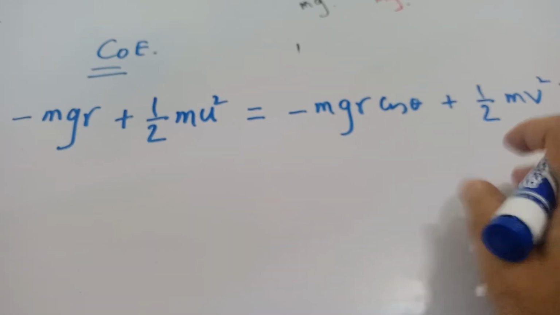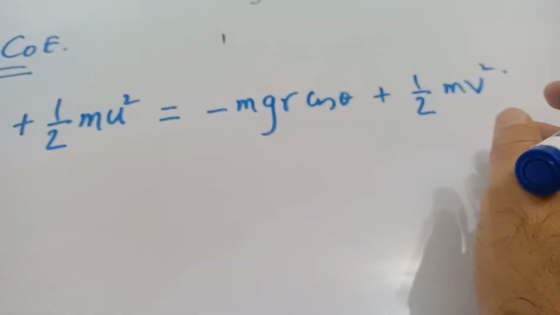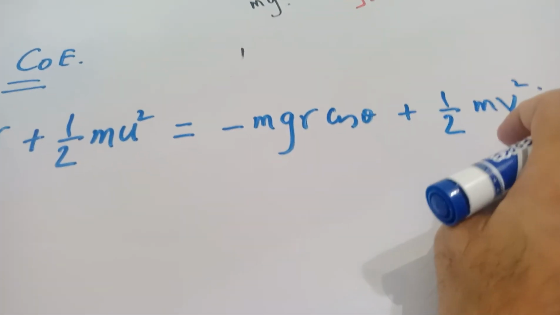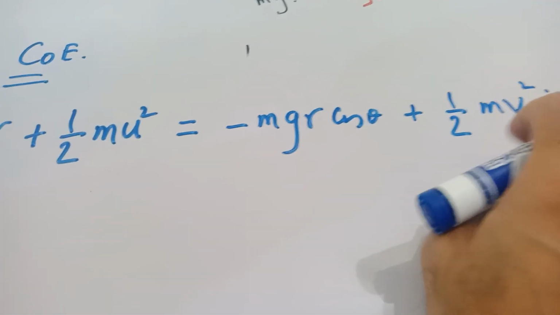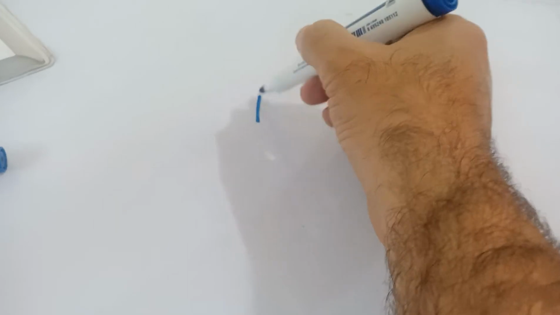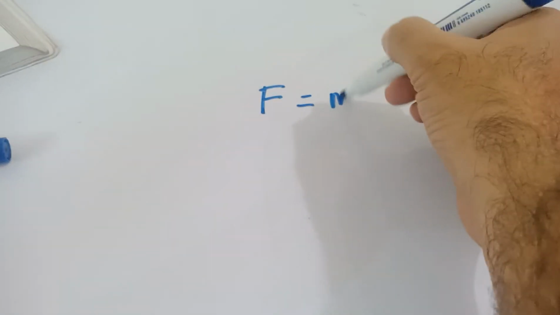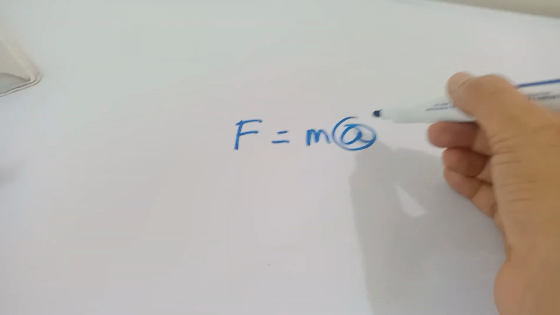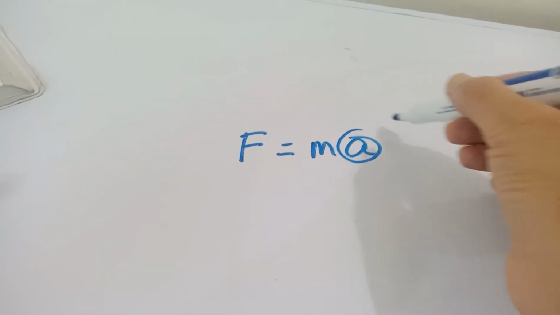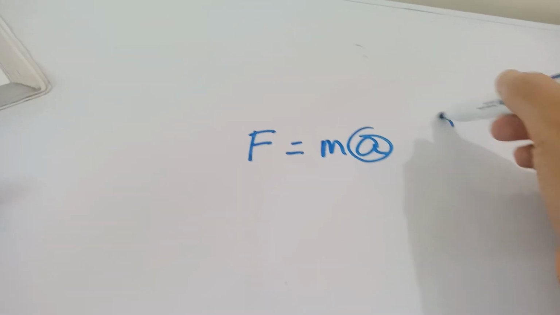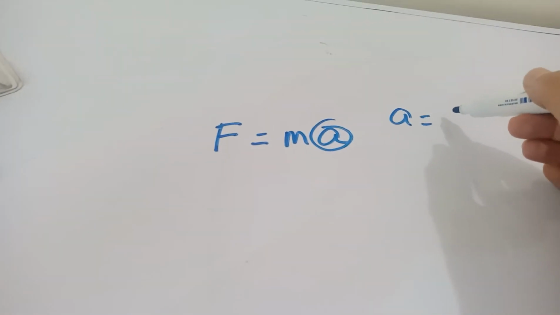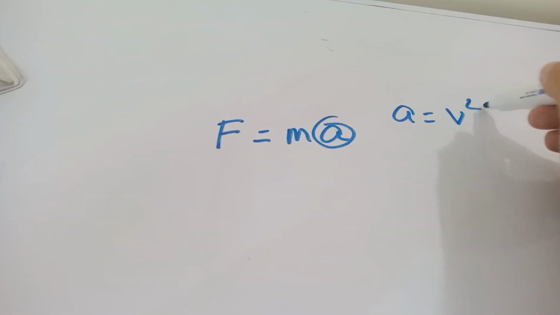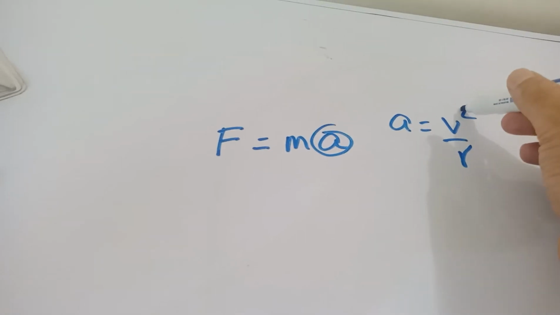Now, from this equation, I'll be taking out the value of mv square. Why will I be doing that? Because if you remember that we have been using this previously as well, when you use F equal to ma, this a over here is either v square over r, or r omega square.